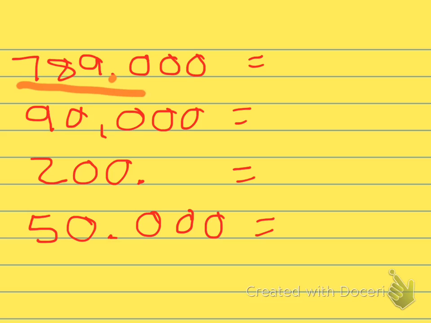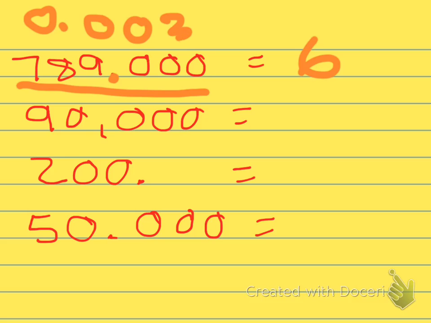So that means everything before and after it are significant. Now I do want you to be careful because before, when we had the example of 0.003, these were not significant because the number was less than 1. However, because these numbers are greater than 1, everything would be significant if there's a decimal.